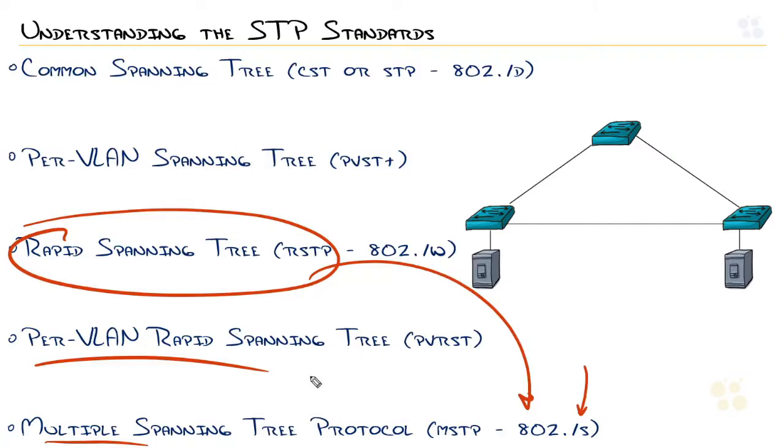But I will say, multiple spanning tree has one benefit. The more VLANs you add with per VLAN rapid and per VLAN spanning tree, the more overhead it takes, because you actually run one instance of spanning tree per VLAN. So remember I said this guy is the root for 10, 20, and 30.